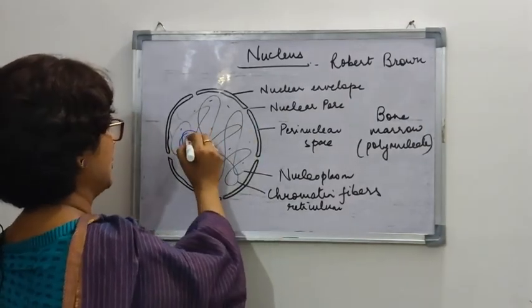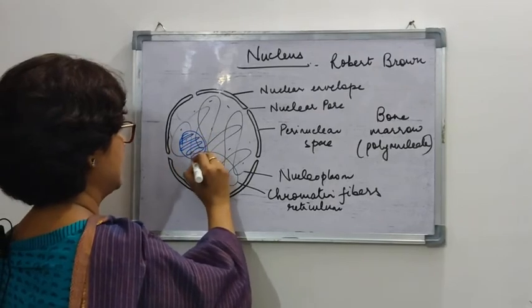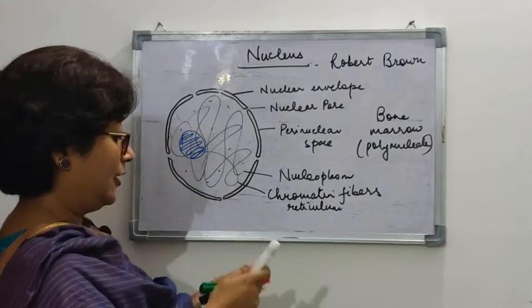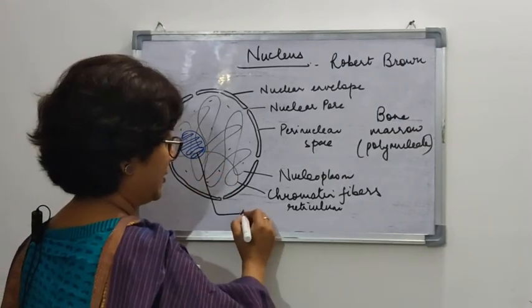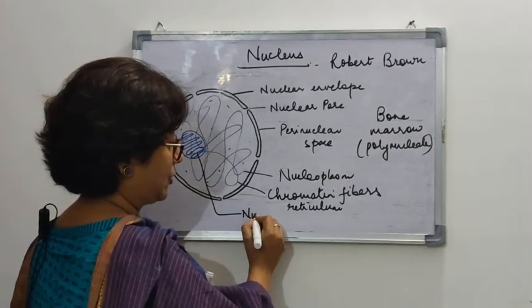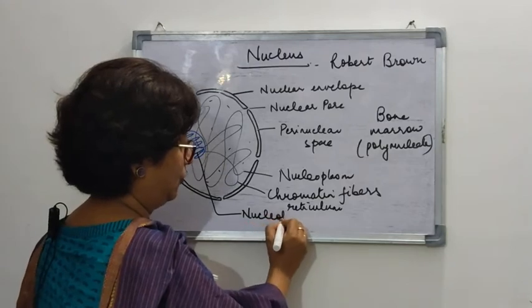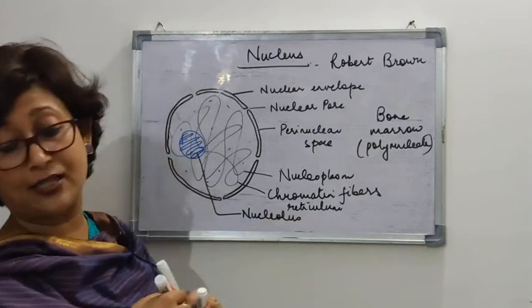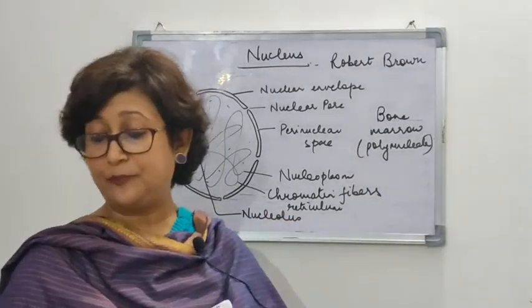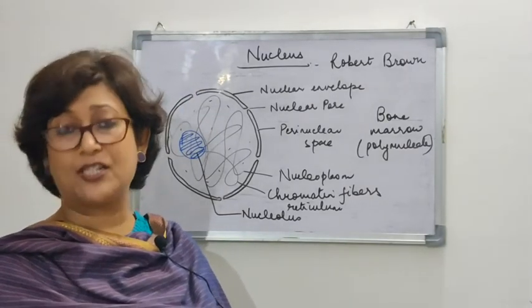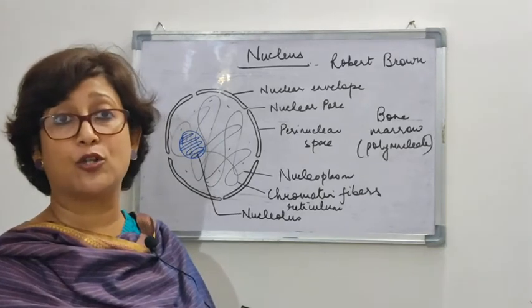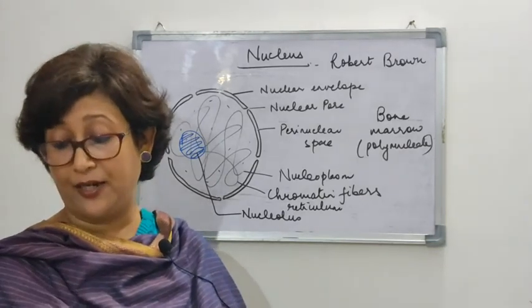Let's say this is the nucleolus, the structure that is also present inside the nucleus. Nucleoli is the plural term, right? A covering membrane is absent in the nucleolus. More than one nucleolus may also be present, then it is the nucleoli, right?